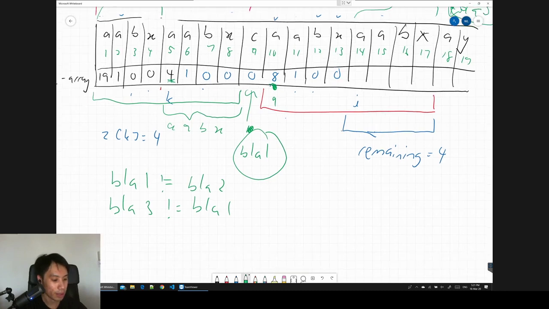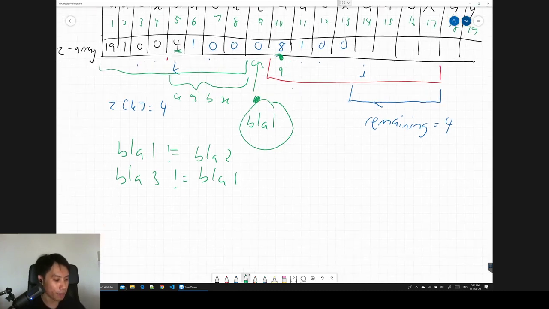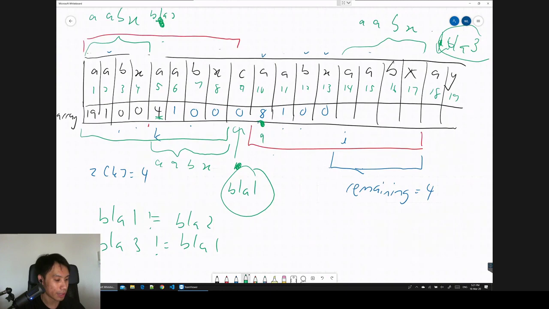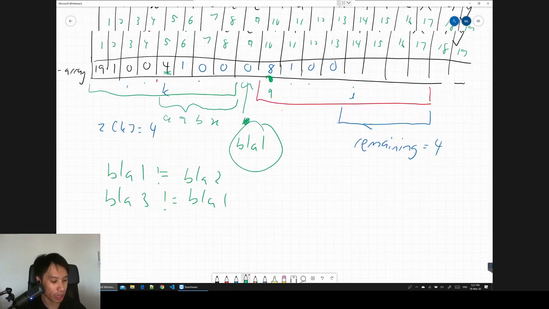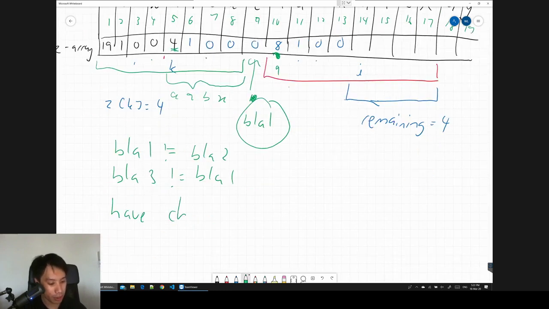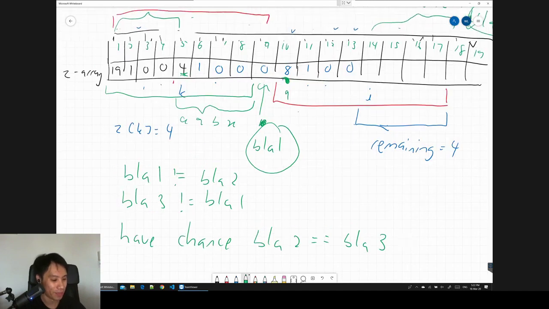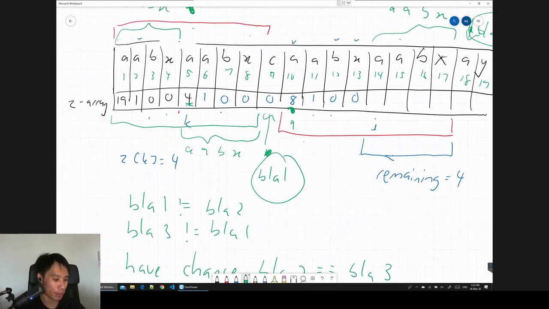So, since they are not the same, there is a chance blah 2 is the same as blah 3, right?